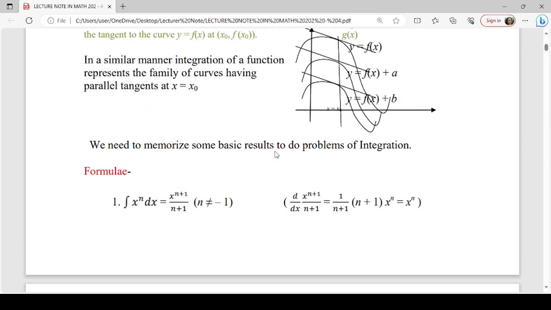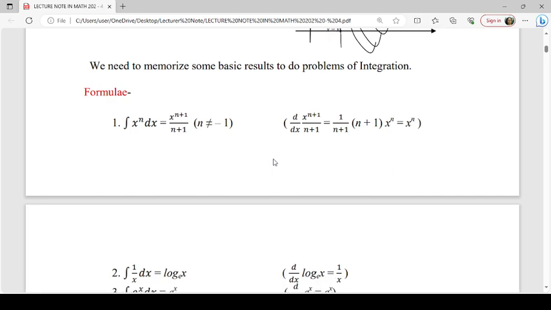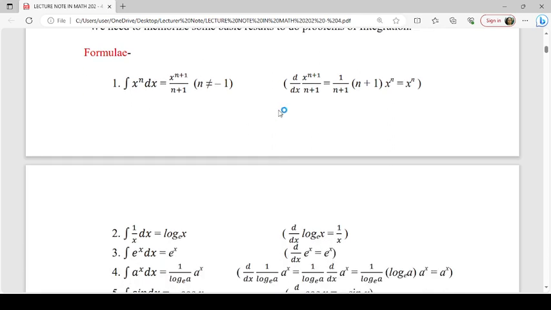So to learn about integration, we must memorize some basic results of differentiation. Integration of x to the power n is equal to x to the power n plus 1 by n plus 1, provided n is not equal to minus 1. n is not equal to minus 1 because if n is equal to minus 1, then the denominator is 0 and it is undefined.